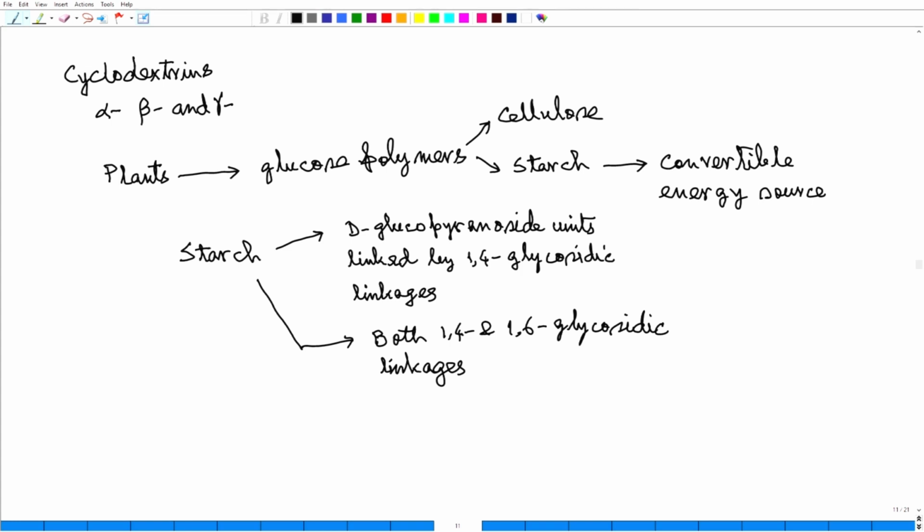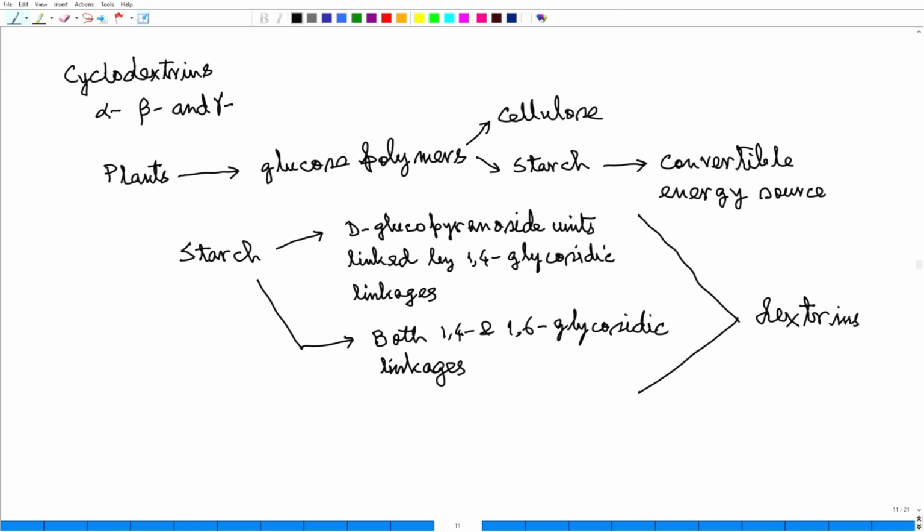Now, these polymers can be degraded by various means, by acid treatment, by heat, by ionizing radiation, in the presence of water to form a mixture of degradation products called dextrins. So, here we are: plants produce cellulose and starch.